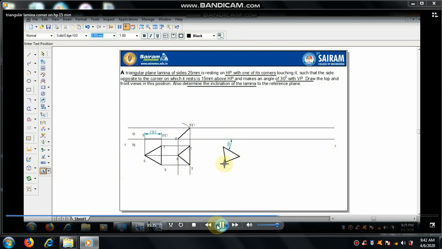Mention the corners A, B and C. Draw the projector lines.